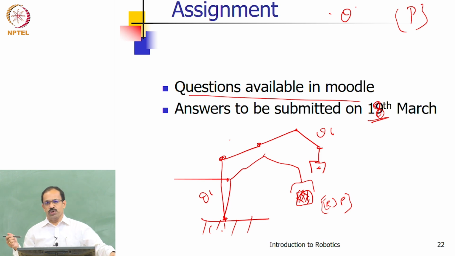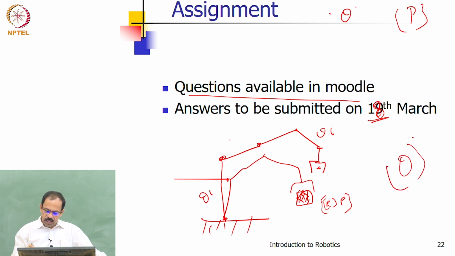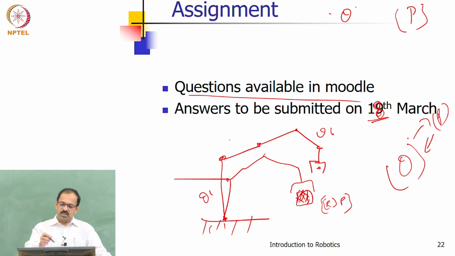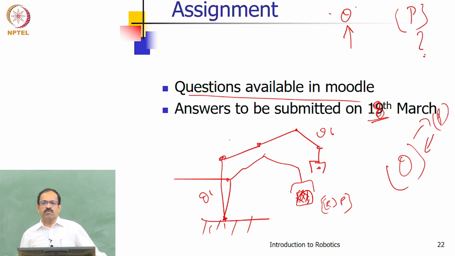That is what I don't know. So this problem of getting theta, if P is known, is the inverse problem. The forward problem: theta is known, what is P. The inverse problem: P is known, theta is not known.